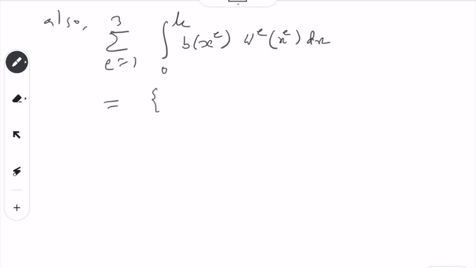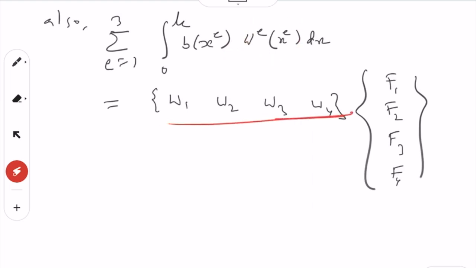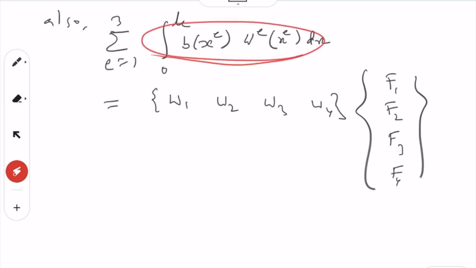This will be equal to something like W1, W2, W3, W4 multiplied by F1, F2, F3, F4. Some constant has to appear because of this one, and because of all the other things this will also appear. If you multiply them, the whole thing can be described like that.